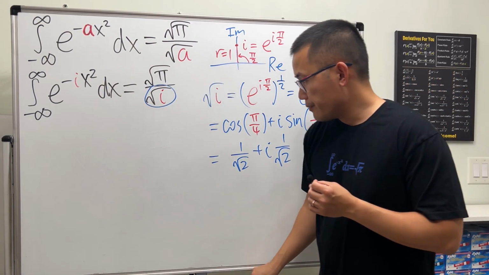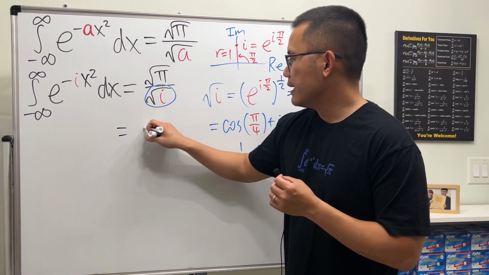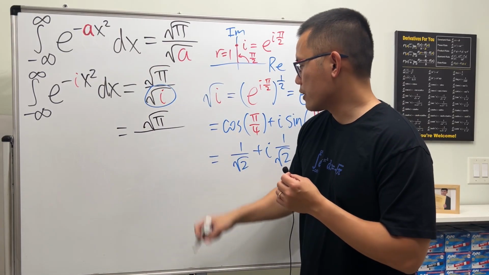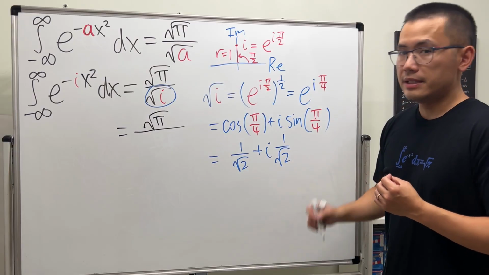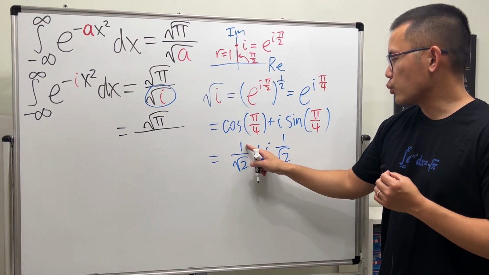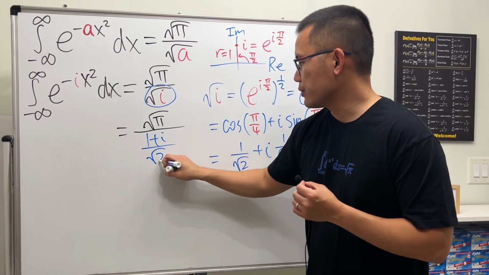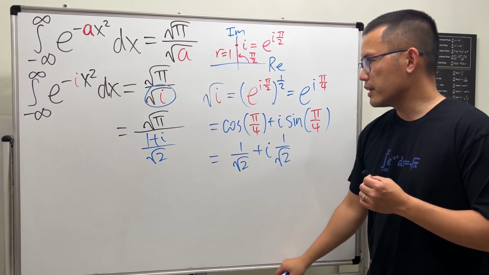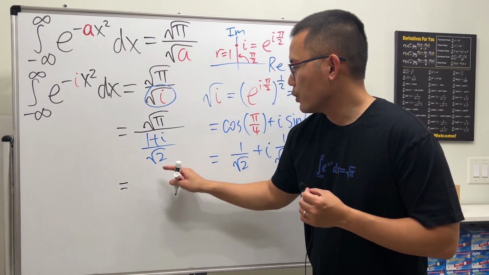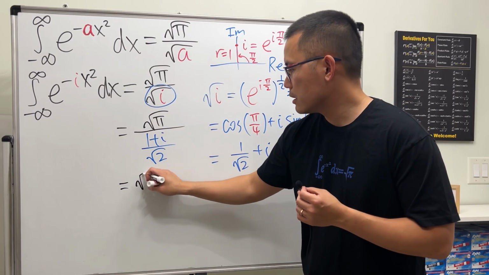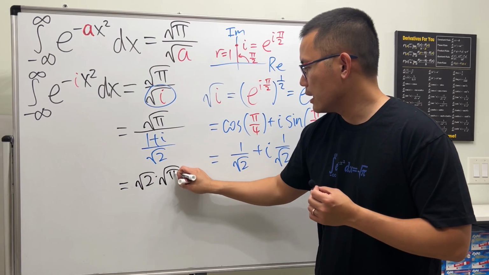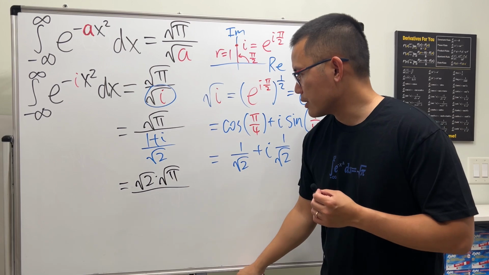Okay, so we have square root of pi over, they both have the same denominator. The top is just 1 plus i over square root of 2. And now we can simplify this a little bit more. Here, we can put the square root of 2 on the top times square root of pi over that denominator, 1 plus i.